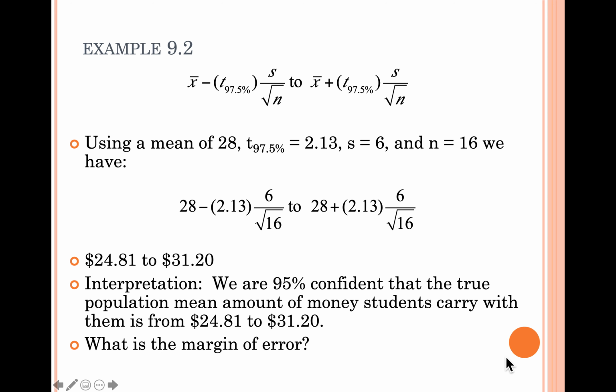And if you need to find the margin of error, it's the same approach that we saw in the last lecture. We're going to take the upper limit of the confidence interval minus the lower limit and divide it by 2. So 31.20 minus 24.81 and divide it by 2, and that's $3.20.